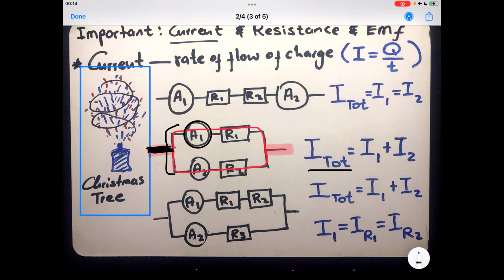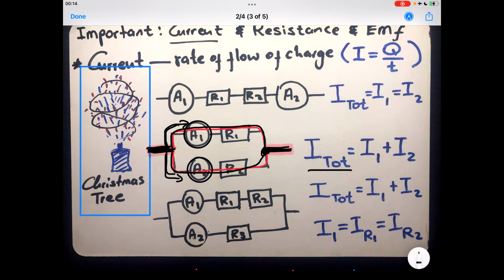The current flowing through this side, when you add it to the current flowing through that side, which is the current passing through ammeter 2, together they are equivalent to the total current. That is why we say it splits and then joins again. After joining there, it's back to that thick shading, which is the combined current.